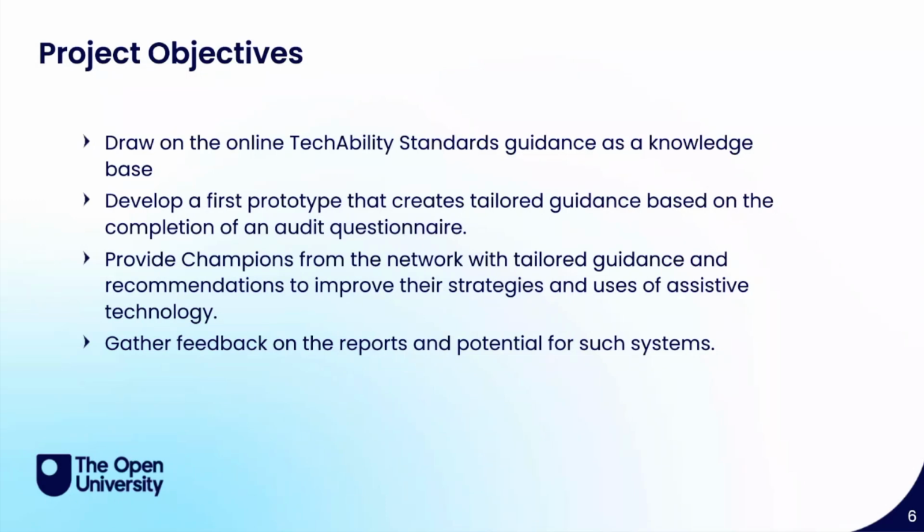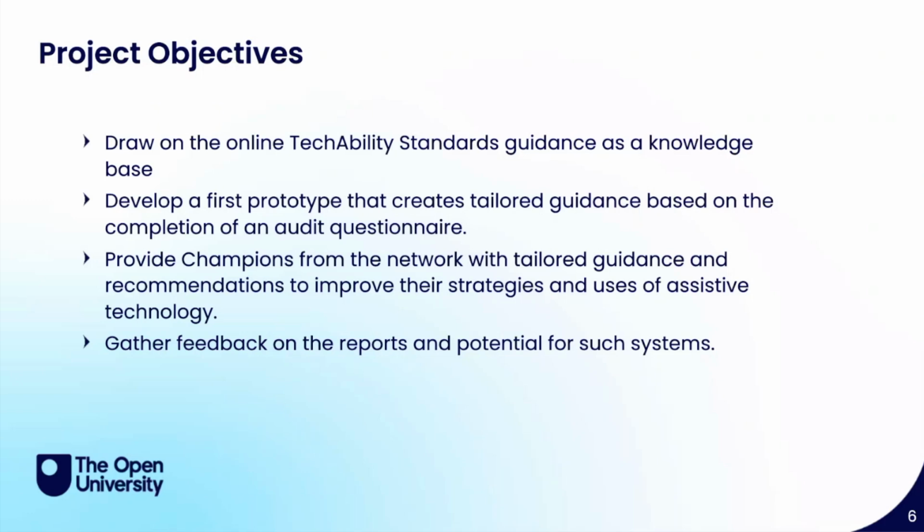As I mentioned before, there's also a questionnaire audit that individuals can use to think about where they are with their college, with their own work in terms of assistive technology provision. So we've got these two resources: the information about the Techability Standards and this form.